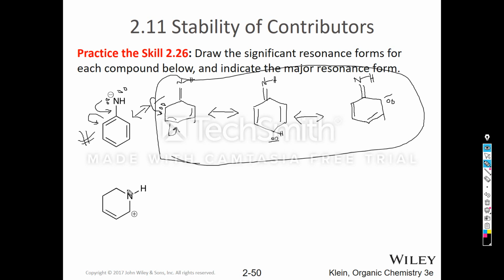Okay, so in this case, this nitrogen has a lone pair, only one, and you can write a new form because the carbon here has an empty p orbital, and the nitrogen now is going to incur a positive charge.